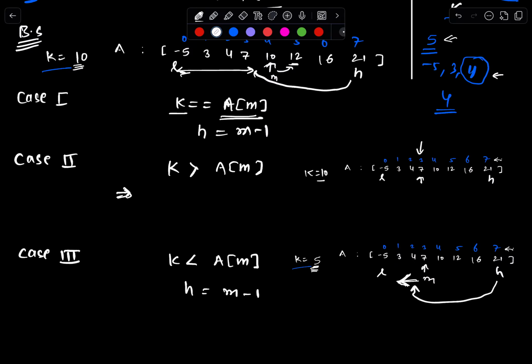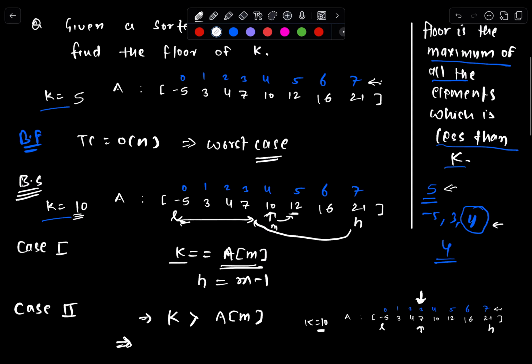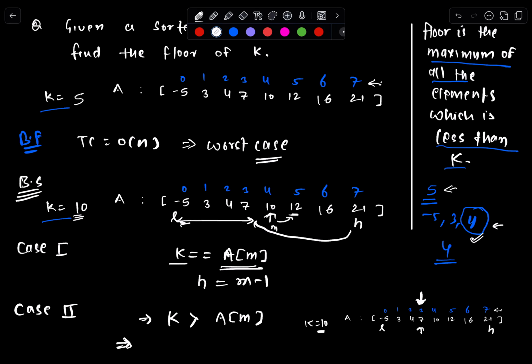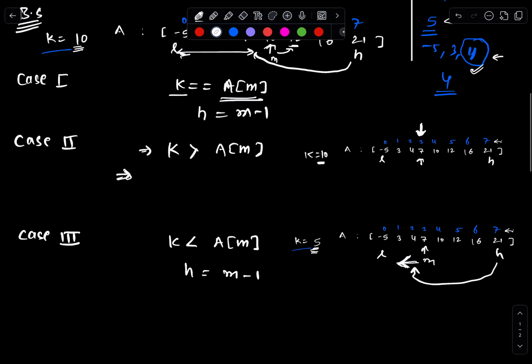Okay, this could be my answer, because this is less than k, and we have to find the elements which are less than k. So this could be my answer. Yes, so I will update my answer equals a of m. Make sense?